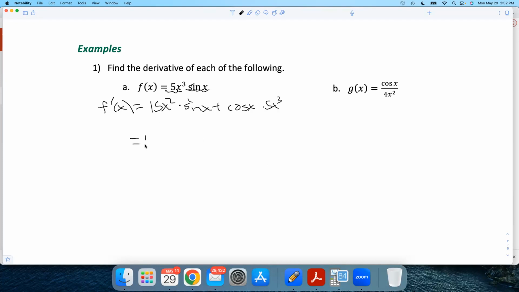And maybe that would be better to write as 15x squared sine of x plus 5x cubed cosine of x. But either way is fine.